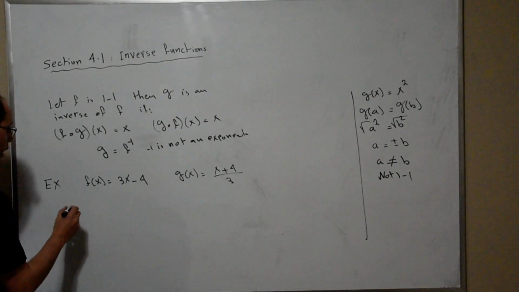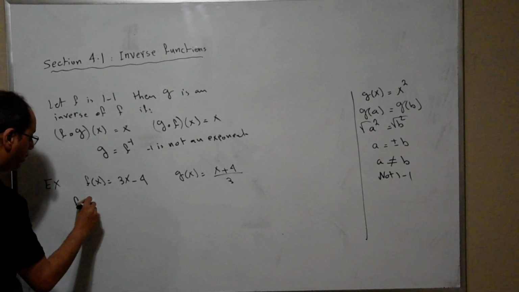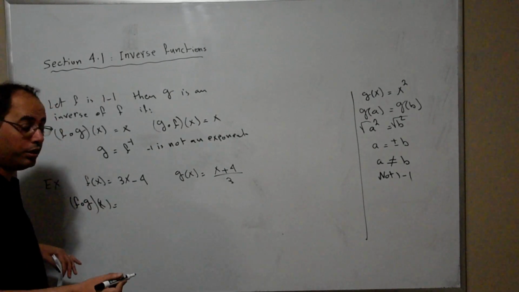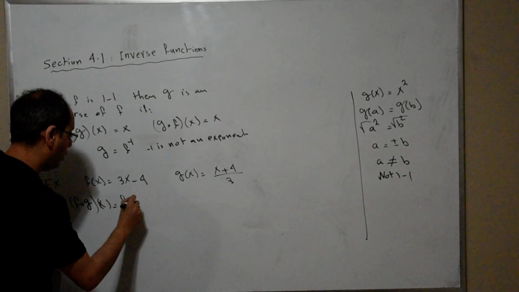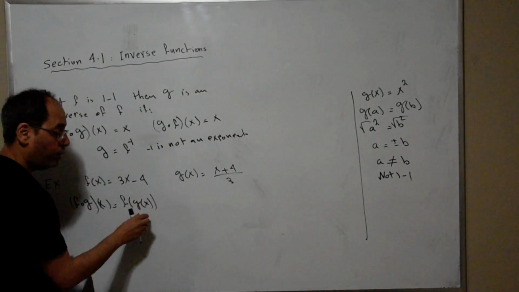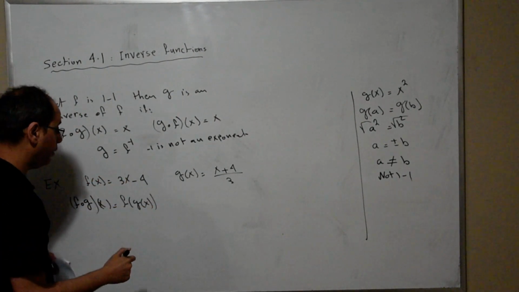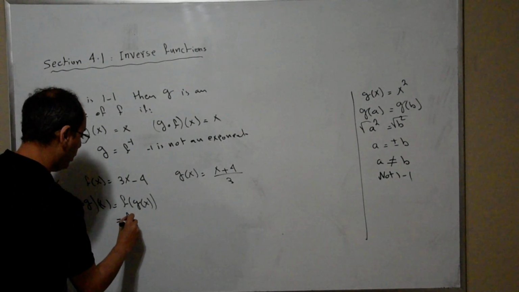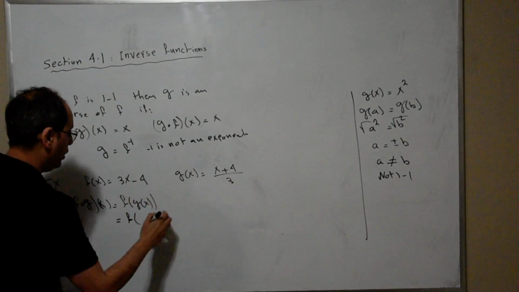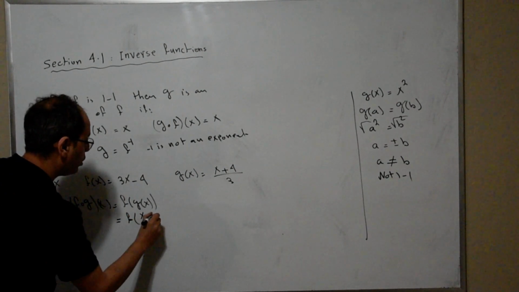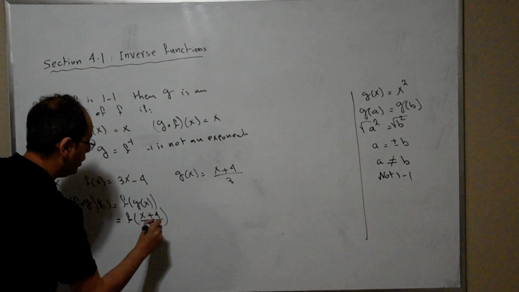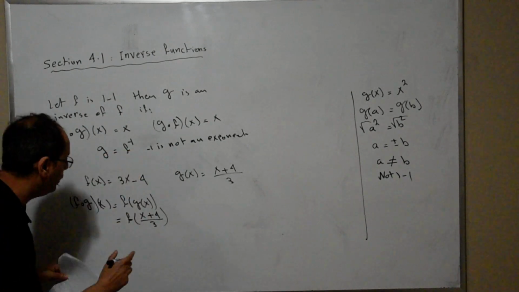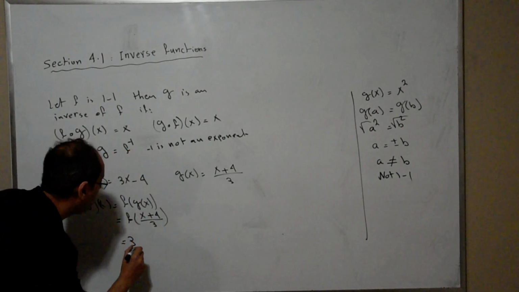Okay, so let's try f compound g of x, which is equal, as we learned before, to f of g of x, where g of x is the inner function. So that would equal f of, and what is g of x? x plus 4 over 3. And as I told you before, we put the pattern here to compute the function.